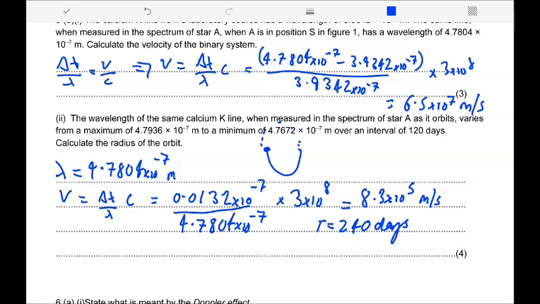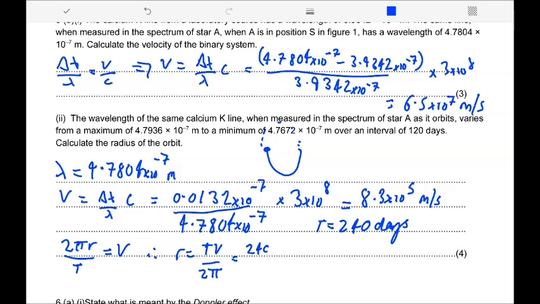And then we can use the equation from circular motion. 2 pi r is the circumference of a circle. That's the distance it travelled. The distance divided by the time is equal to the speed. So we can rearrange this to find r: r equals T v divided by 2 pi. And of course we've got to convert T from days into seconds.